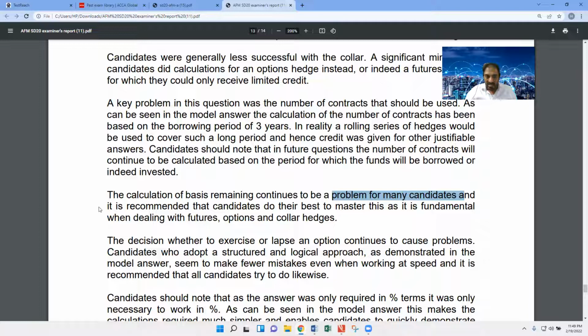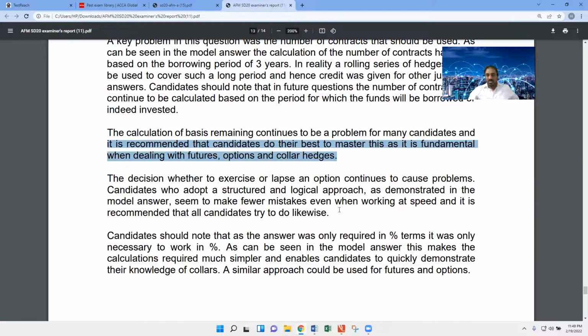It is recommended that candidates do their best to master this as a fundamental when dealing with futures options and hedges, collar hedges. The decision whether to exercise or lapse the option continues to cause problems.